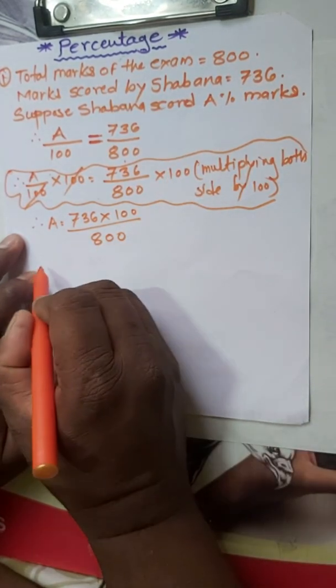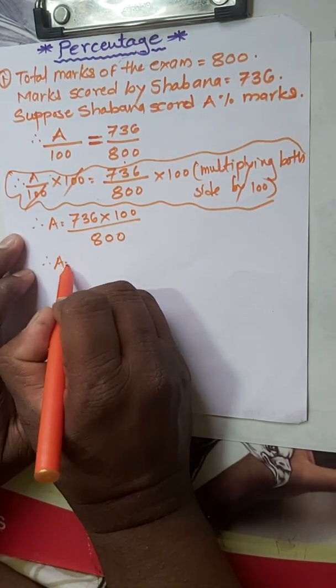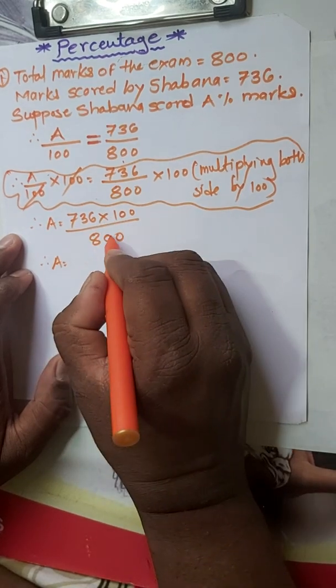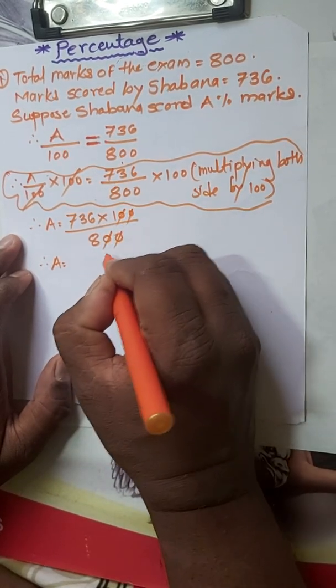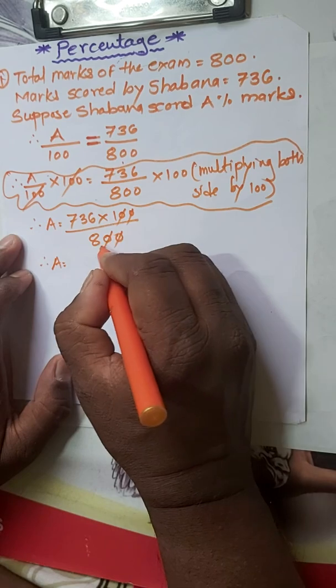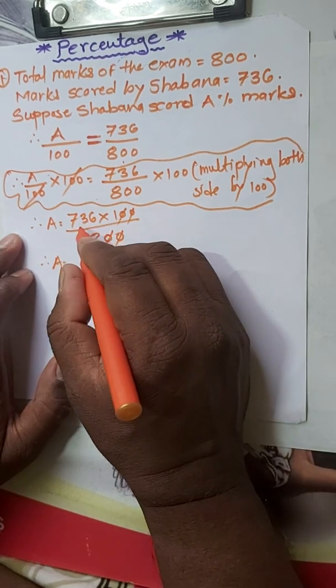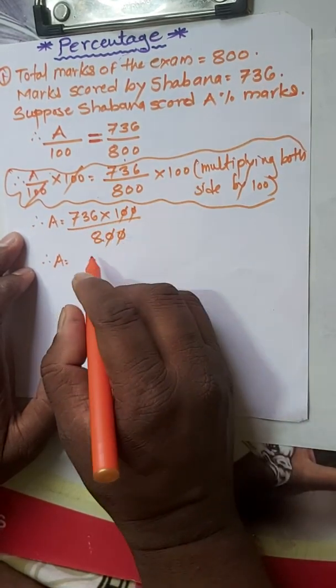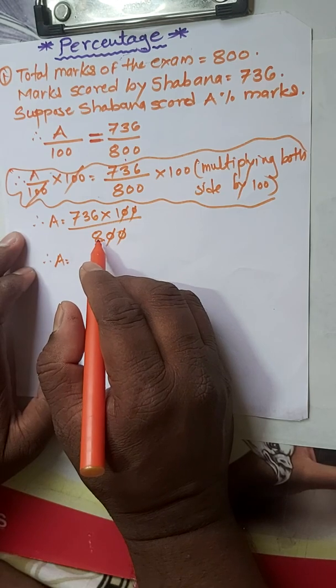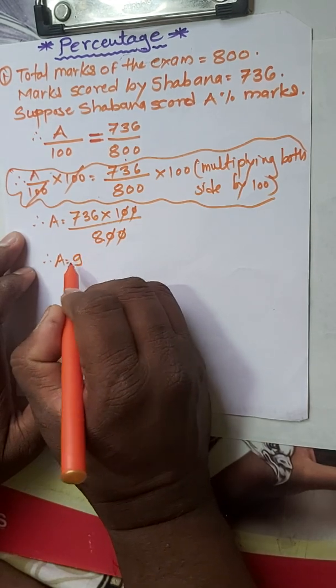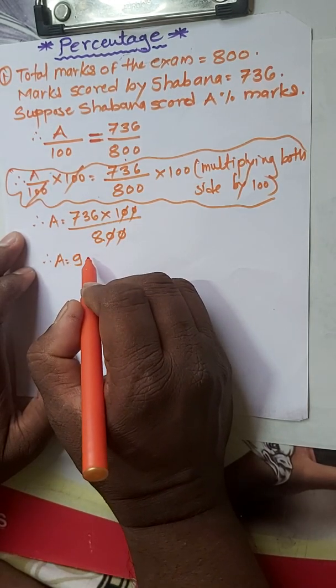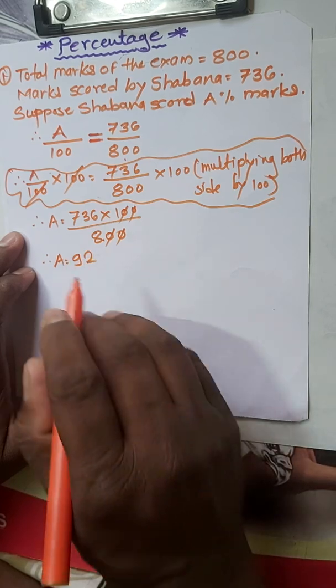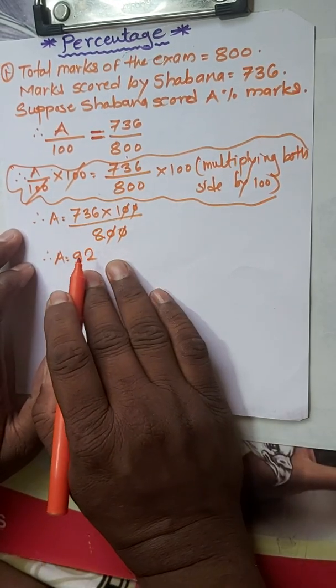Now therefore a is equal to this, this cuts with this, and the zeros get cancelled. So we have to divide 736 by 8. 8 9s are 72, and 8 2s are 16. So 92. So we got the answer 92%.